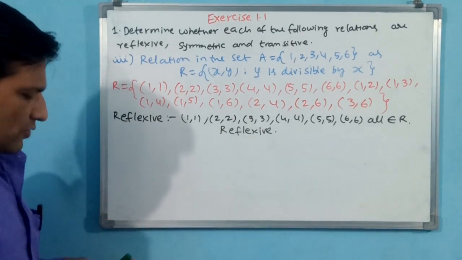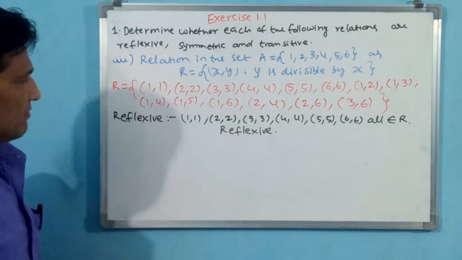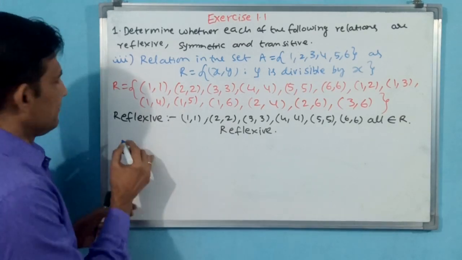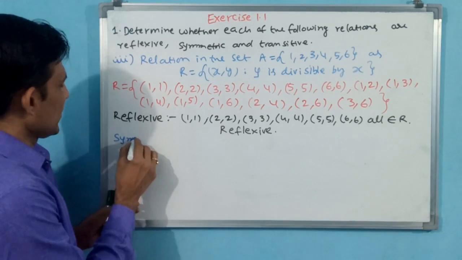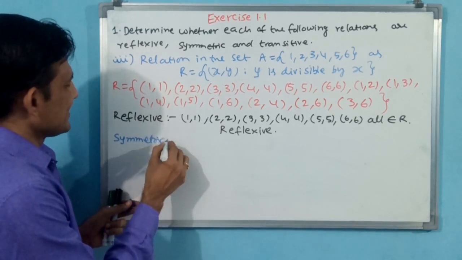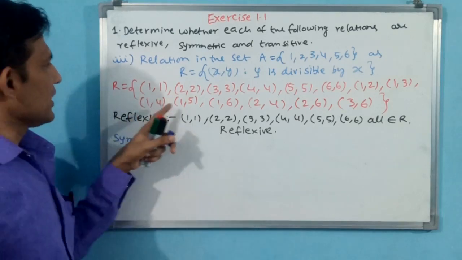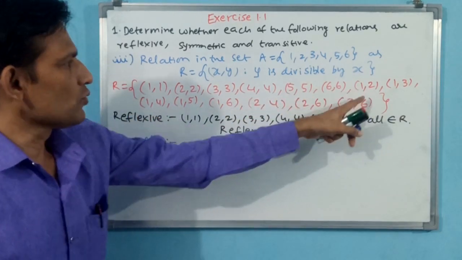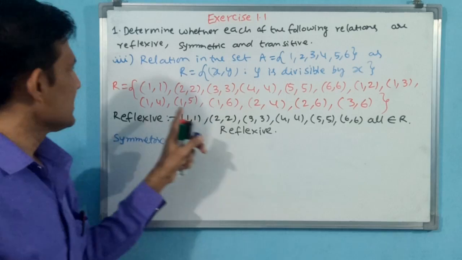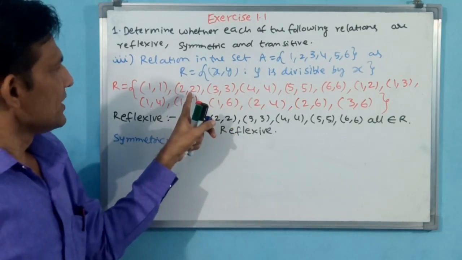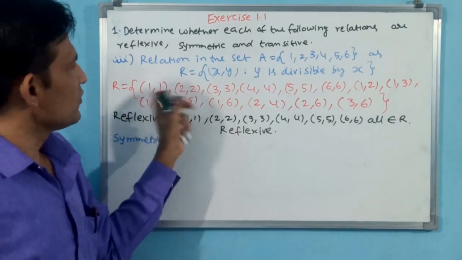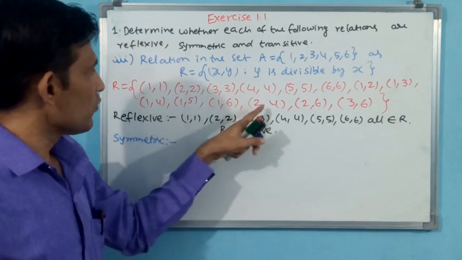Okay, next you come to symmetric. Now you see 1, 1, okay, but is 1 to 2 there? Yes, 2, 2 is there. 2 to which one is there a relation? 2 to 2 is there, okay. 1 to 2 is there, but 2 to 4 is there.